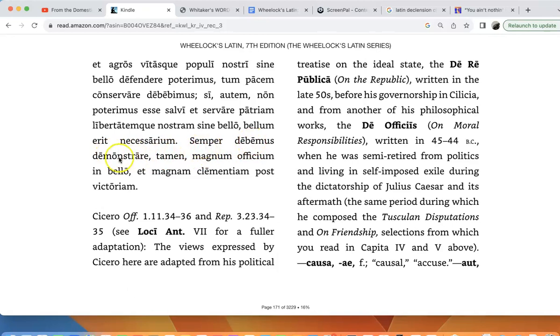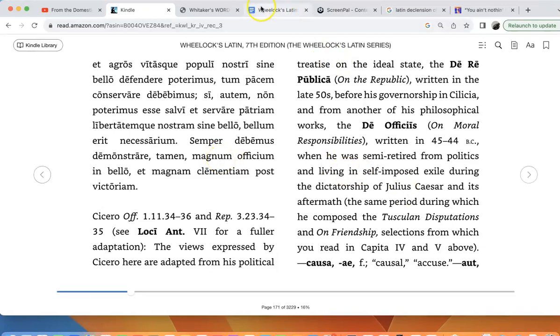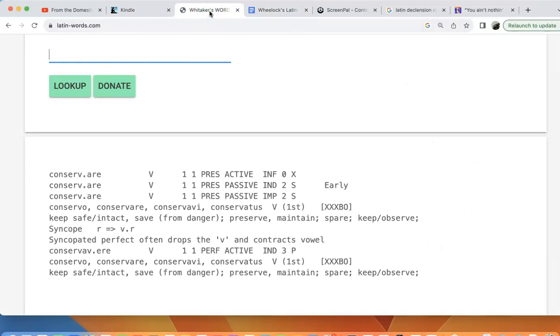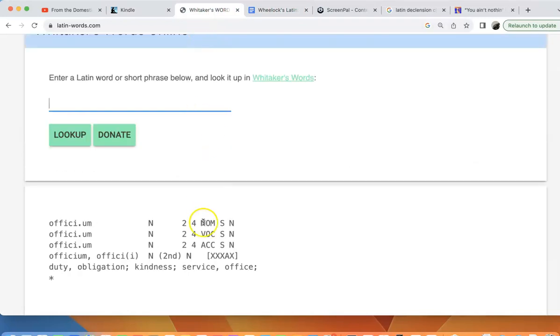should always show magnum officium. Now, magnum officium literally means great duty, but in this case it can also mean great virtue. If we look up on Whitaker's Words, Cicero wrote a text called De Officiis.